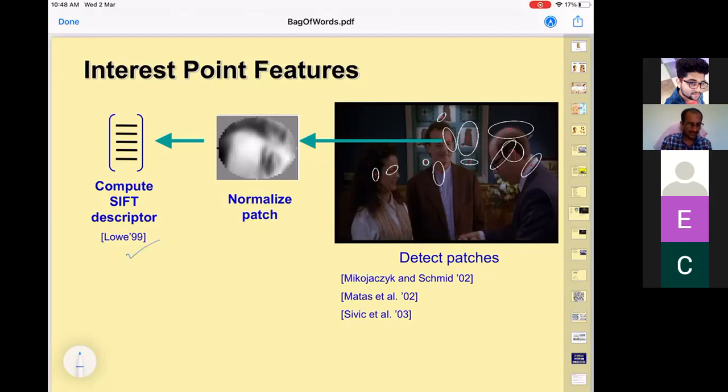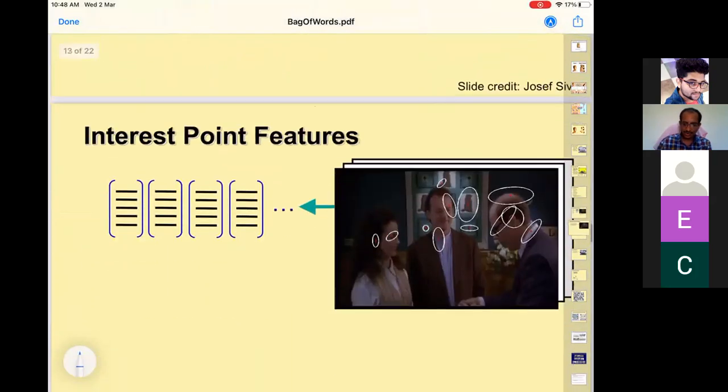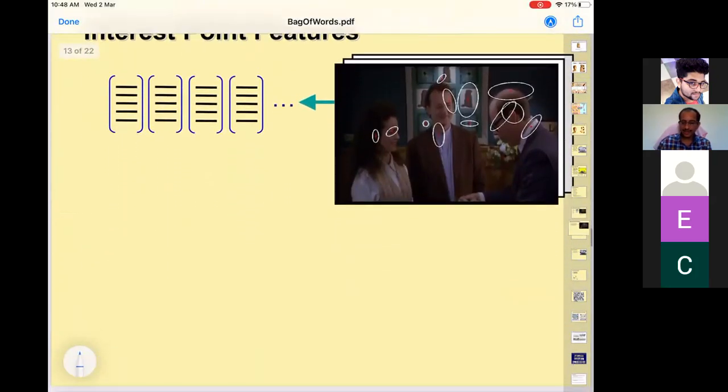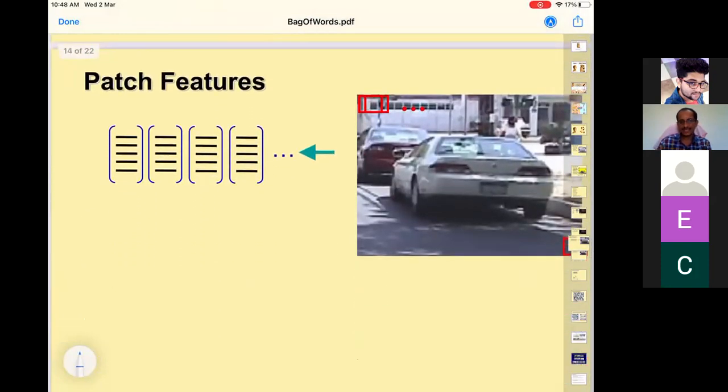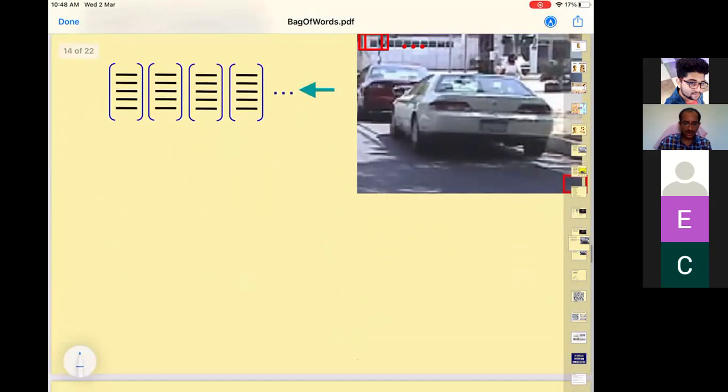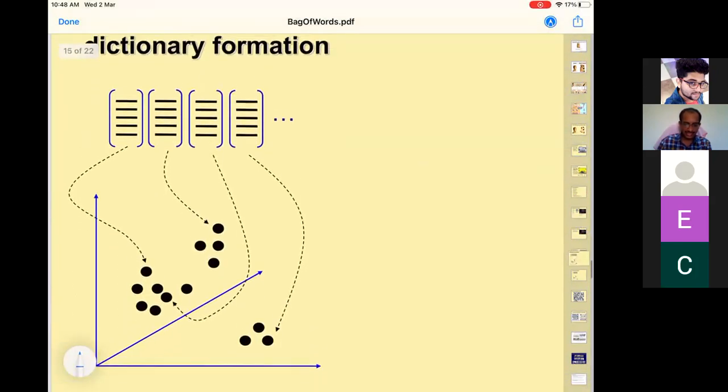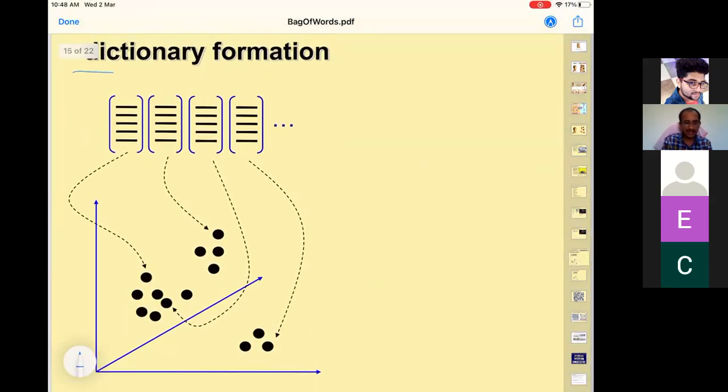As we discussed, the SIFT descriptor is very widely used, so it can also be used. And it gives the different locations in the image, as you can see. For each image you get this, and these are different representations of the same idea. For each patch you construct a dictionary. Dictionary means all class 1, class 2, class 3 code words put together.